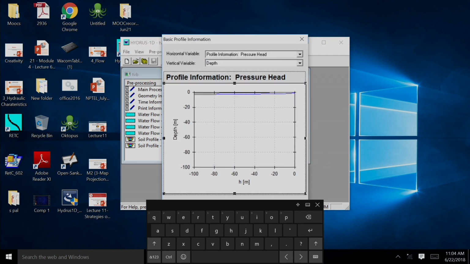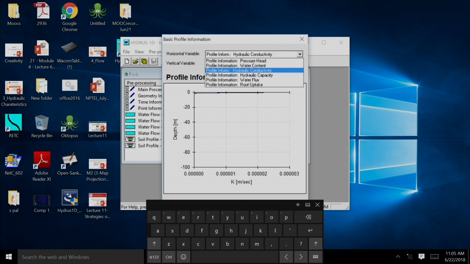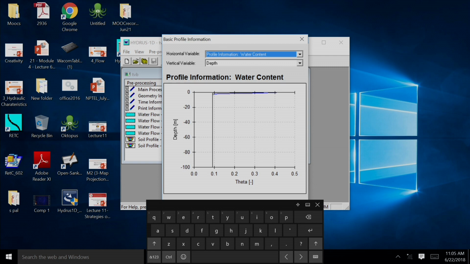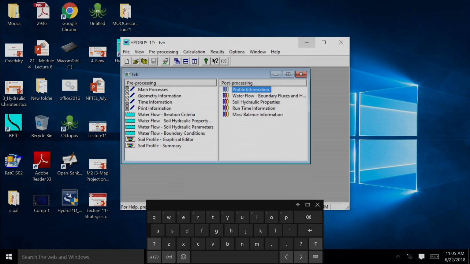So this is the pressure head profile, and this is the water content information at one particular time interval. More information can be obtained if you increase the time and run the software for different time intervals and get the data. You can analyze how the water content changes with depth. If you put realistic values, the variation in the water content can be very clearly seen.